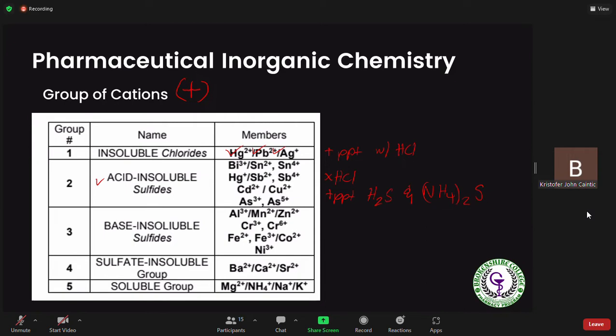Group number 3 cannot react with hydrochloric acid and hydrogen sulfide. However, they form a precipitate with your ammonium sulfide.